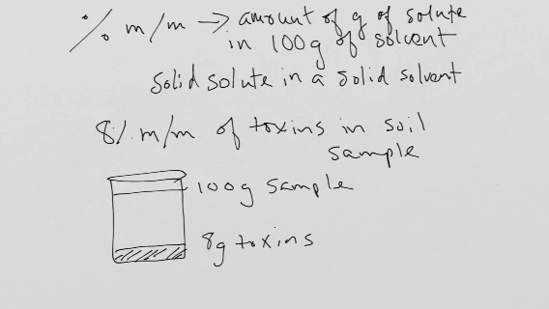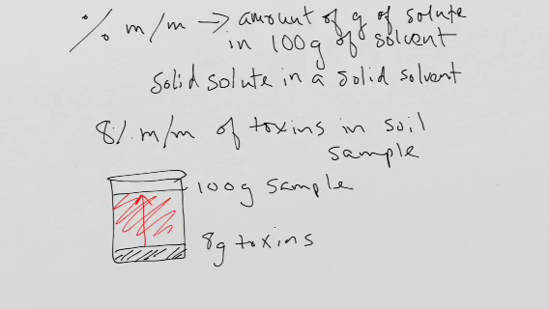How many grams of solute, of regular uncontaminated soil, will be in this solution? 92 grams. I'm going to need the rest of this soil, and again, that's all mixed in together. It's not the toxins at the bottom and the good stuff on the top.